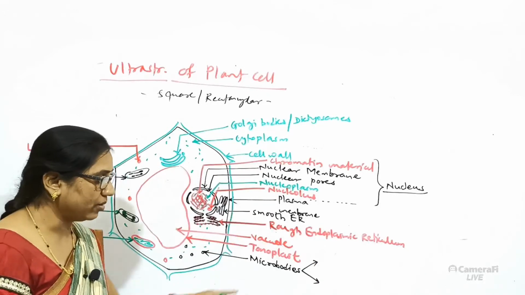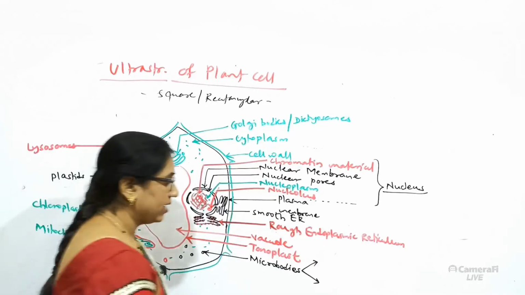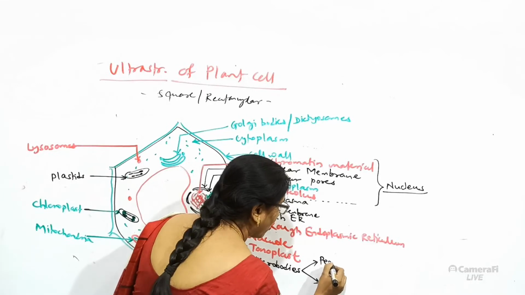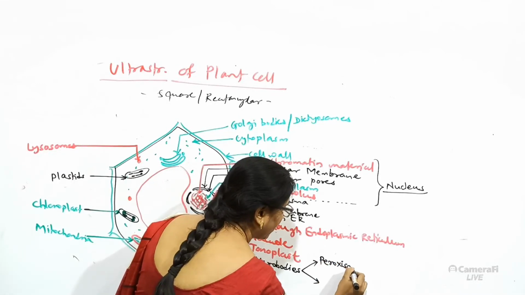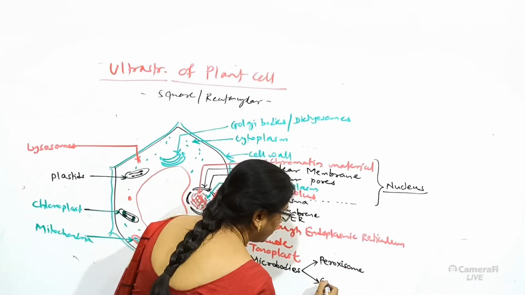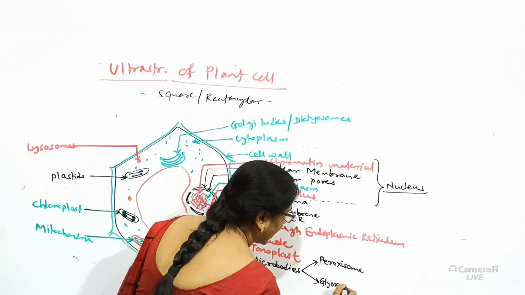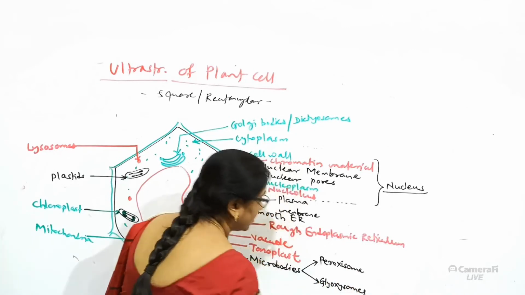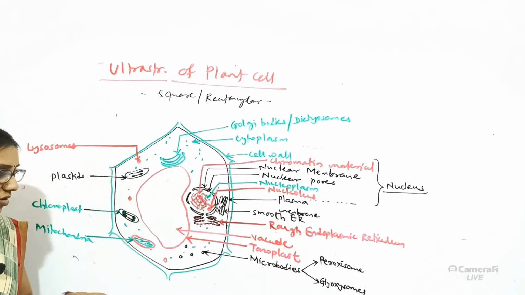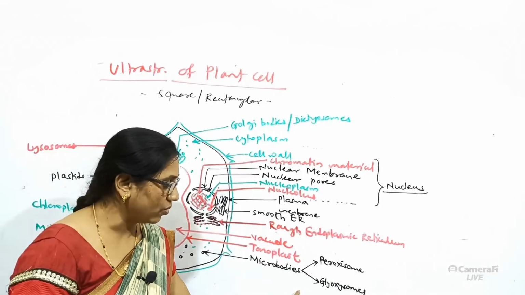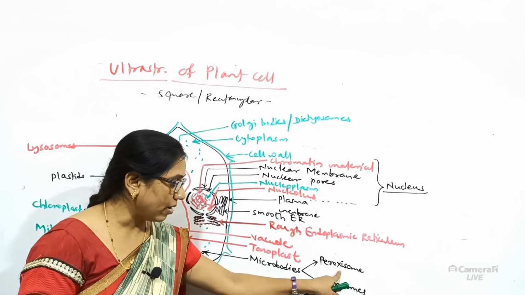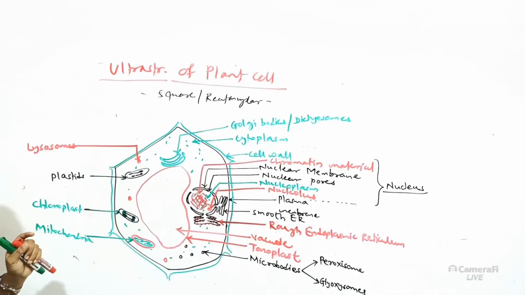Two common types of microbodies are found in the plant cell. One is the peroxisome, and another one is the glyoxysome.